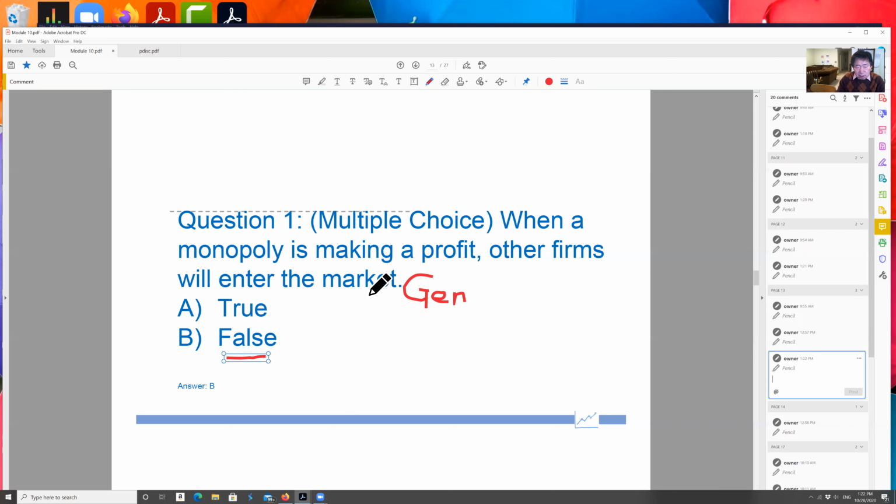So one way to enter the market is producing generic product. Once a drug company invents a Tylenol or other medicine or pill, the firm would have patent right for 17 years.